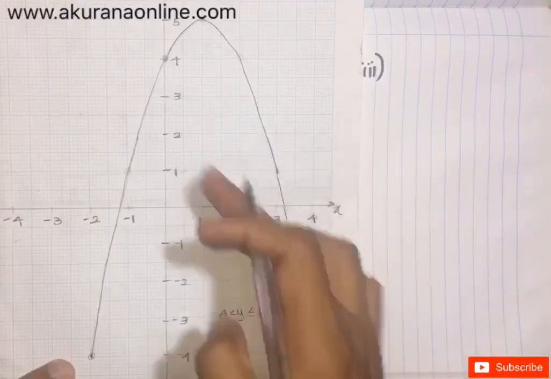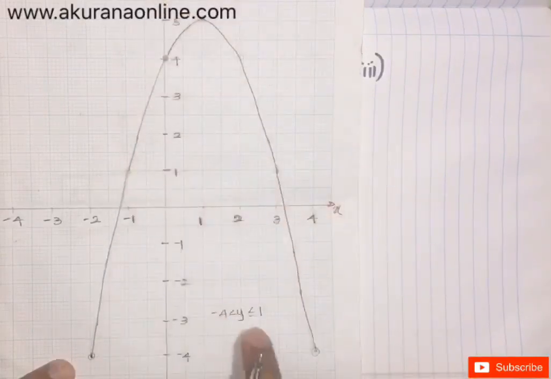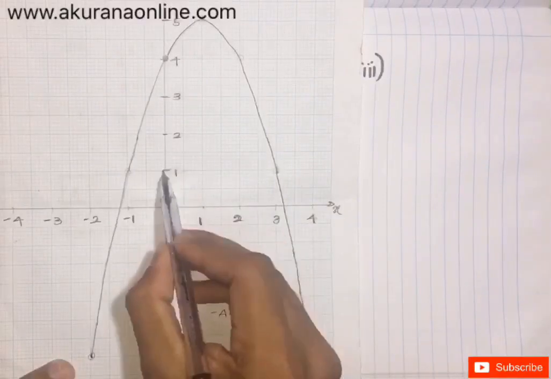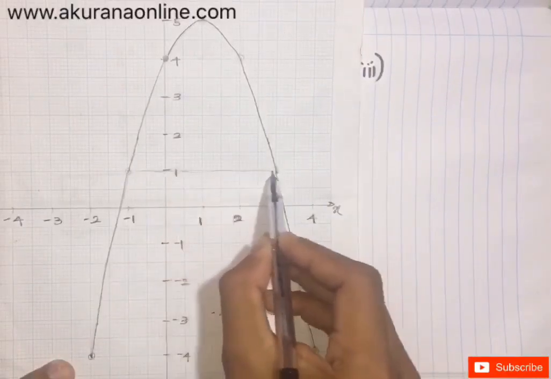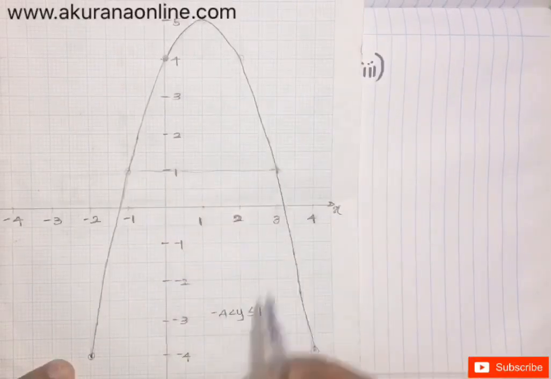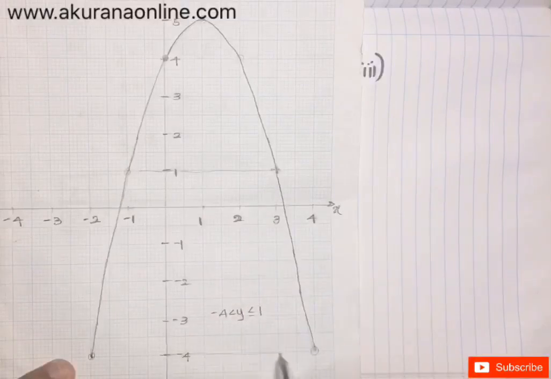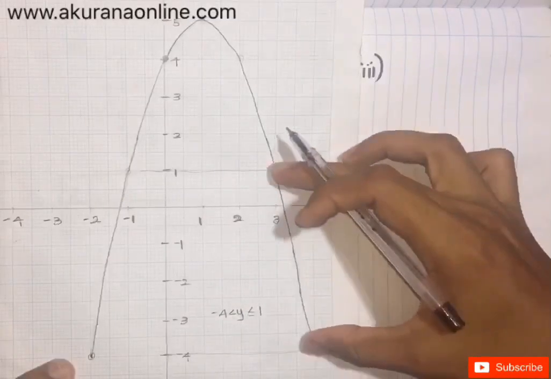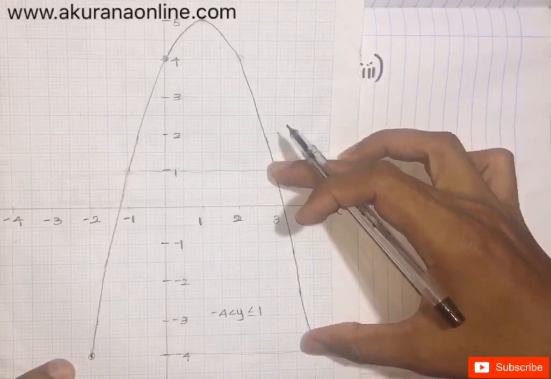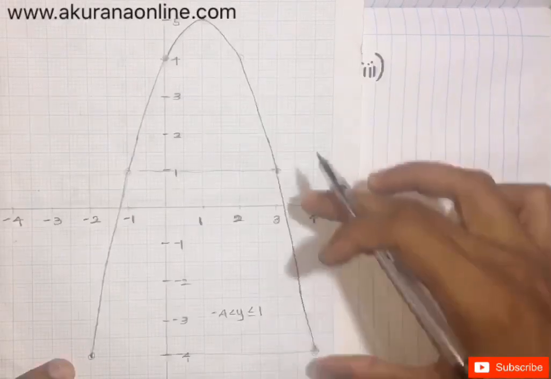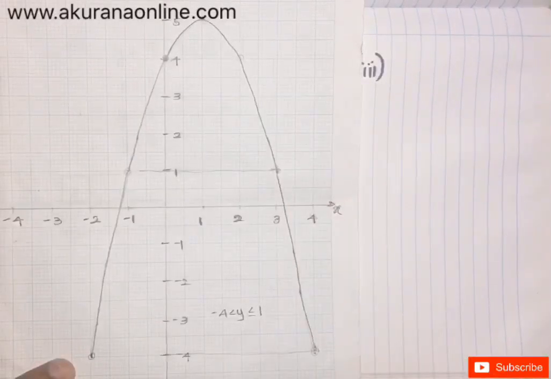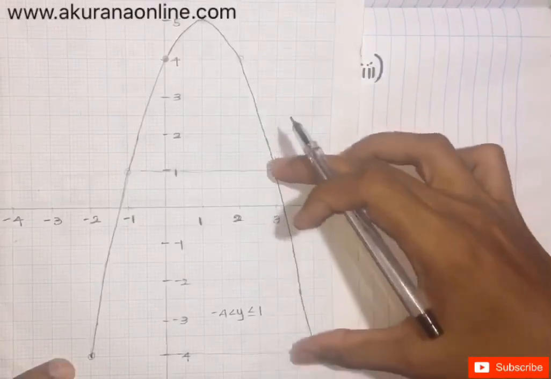The y values are given here. You have to consider where 1 is, this point, and minus 4, this point. These are the two places the inequality is speaking about. Now you have to find the range of values where the graph is decreasing, and it should be between this interval.